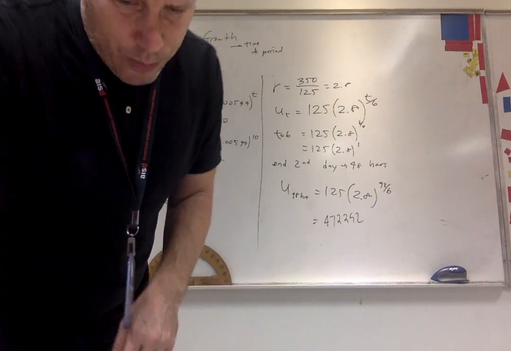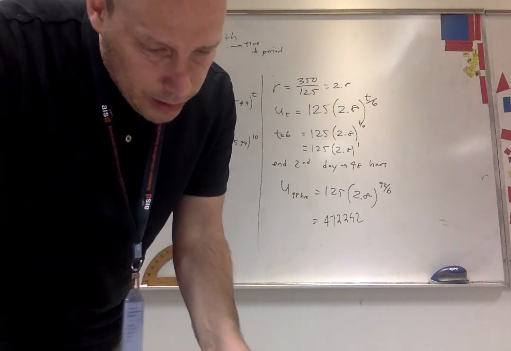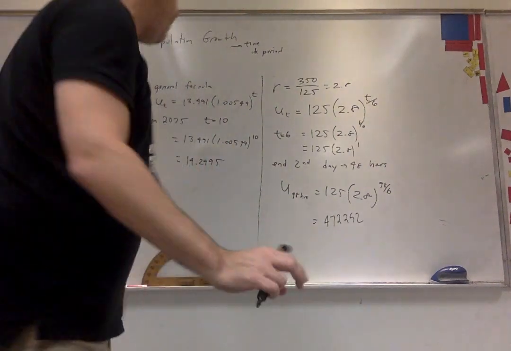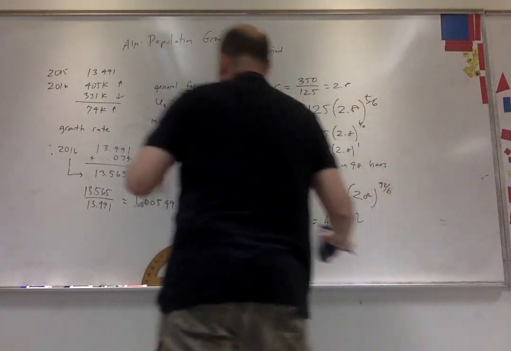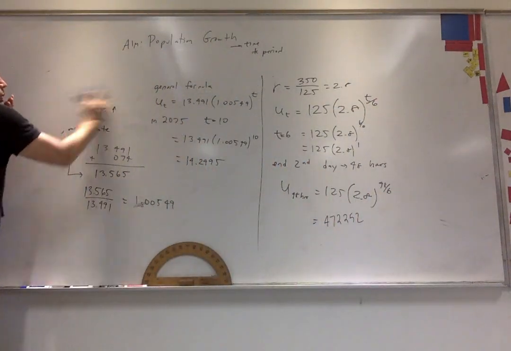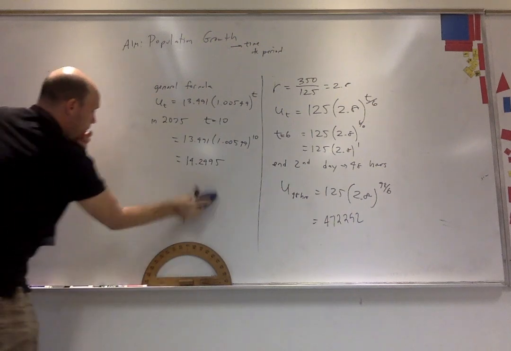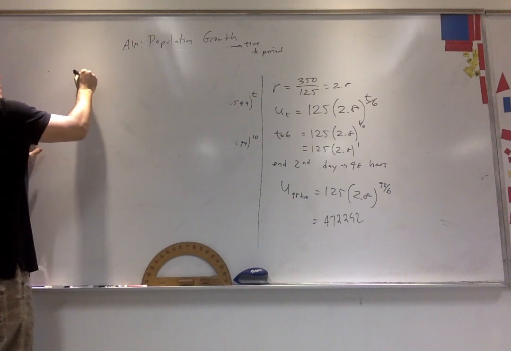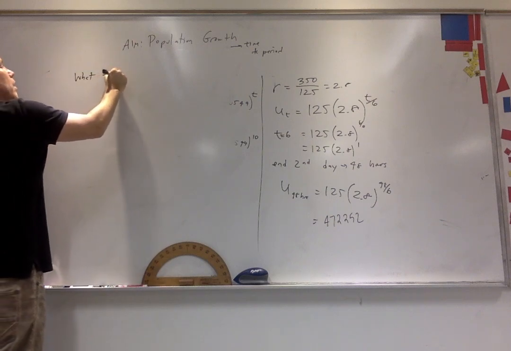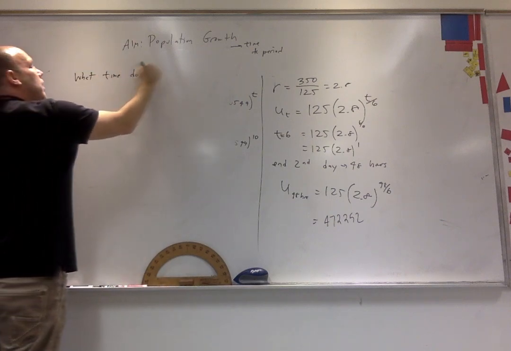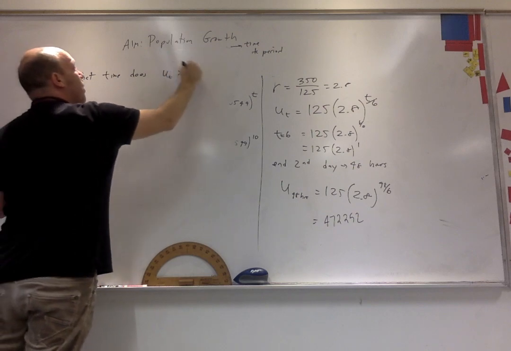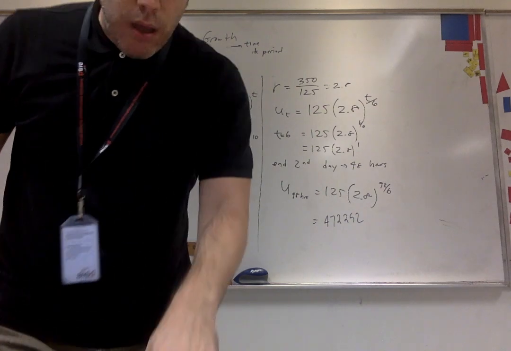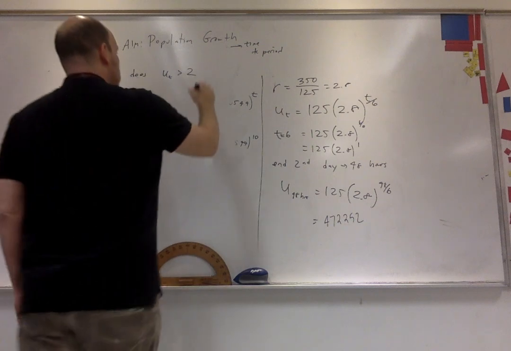They want to know when it exceeds 250,000. We did stuff like this. At what time does U of t exceed how many bacteria? 250,000.